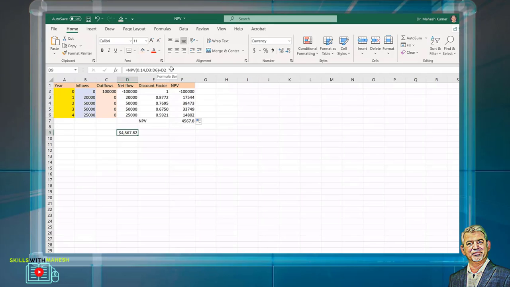So this is now dynamic. You can change it. For example, another guy comes to you and says, okay, Mahesh, this is actually 10% required rate of return, but in 2020, inflation has fallen to 2%. So 10 plus 2, buddy, you have to do 12%. I have the formula here.